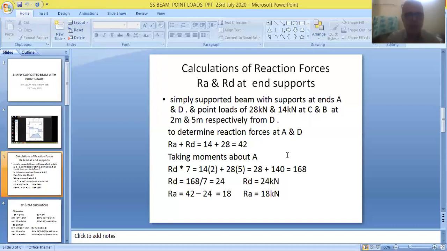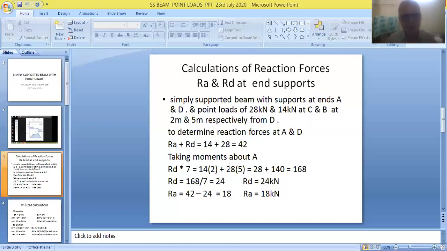So the sum of clockwise moments must be equivalent to the sum of anti-clockwise moments. Just as the sum of upward forces is taken as the sum of downward forces for equilibrium, sum of anti-clockwise moments must be taken as sum of clockwise moments.